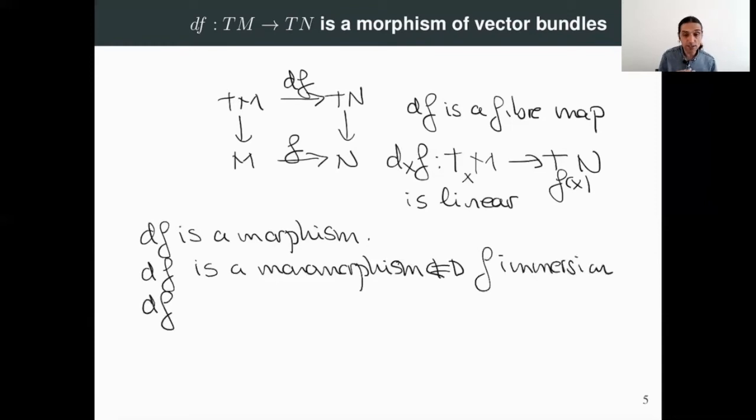The differential of F is an epimorphism if the differential of F at the point x is surjective for every x. In other words, if F is a submersion.